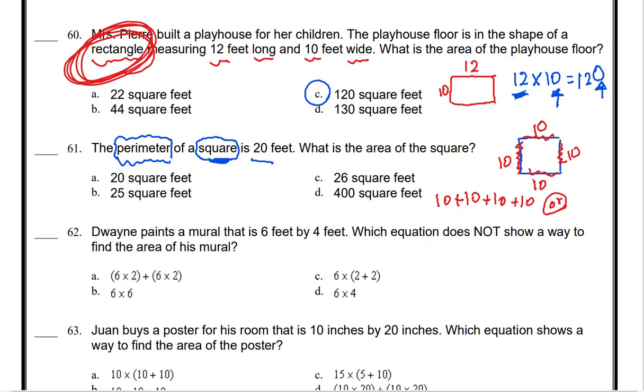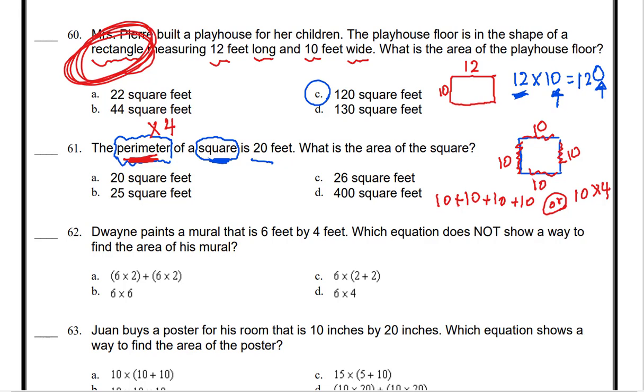So the perimeter is the length multiplied by 4. So what number can we multiply by 4 to get 20?